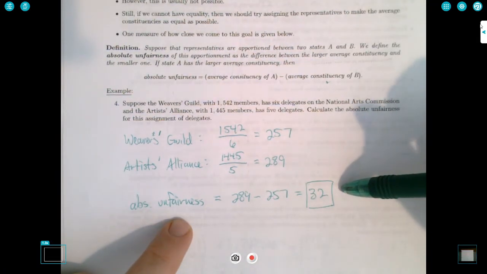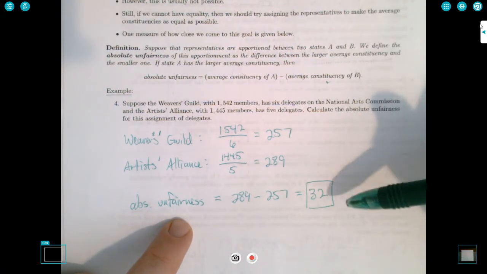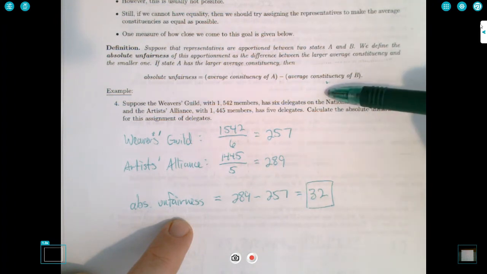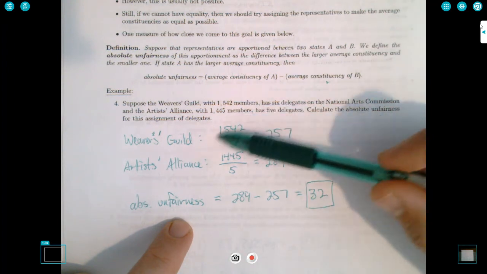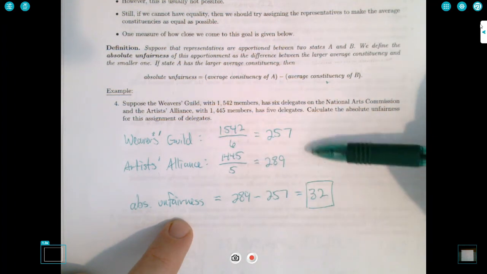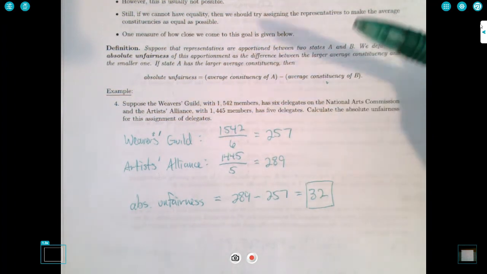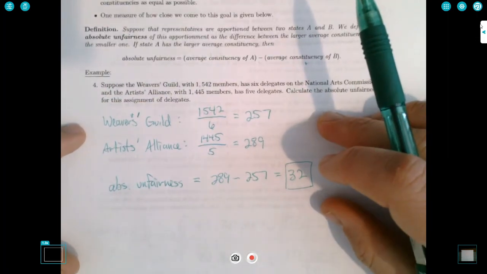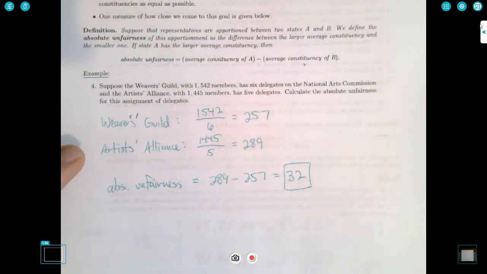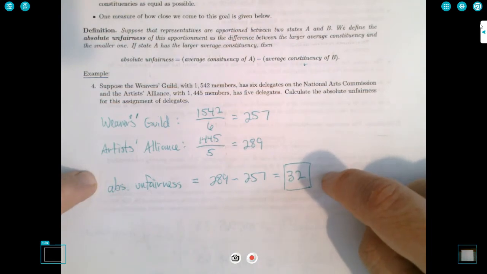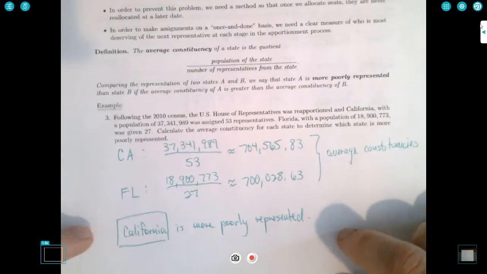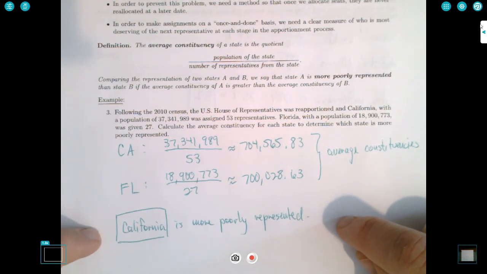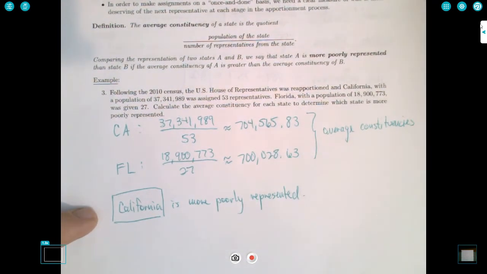Calculating the absolute unfairness here and seeing that it's 32 gives us a good measurement of how imbalanced the groups within this apportionment are. But let's say we wanted to compare how imbalanced this apportionment is versus the apportionment in example 3.